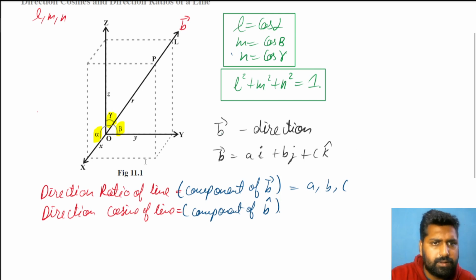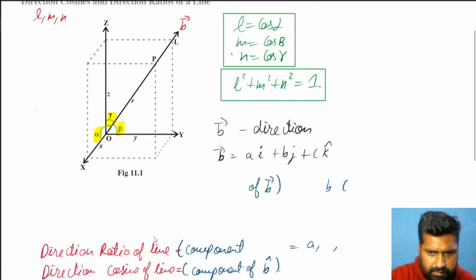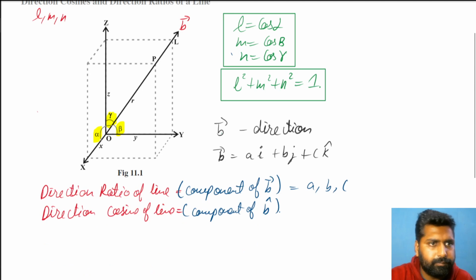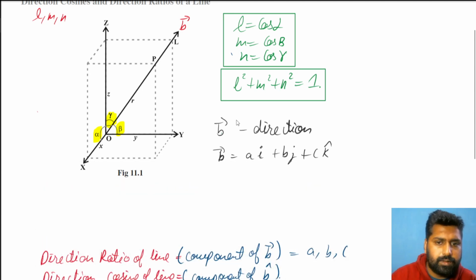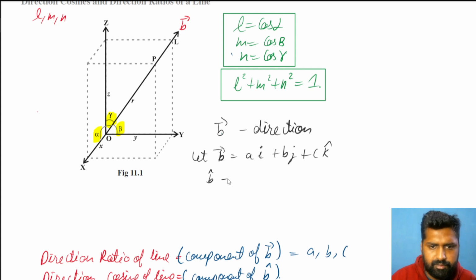So for simplicity, let's create some space here. This is our b vector. Now how can we generate b cap? b cap will be b vector divided by its magnitude.